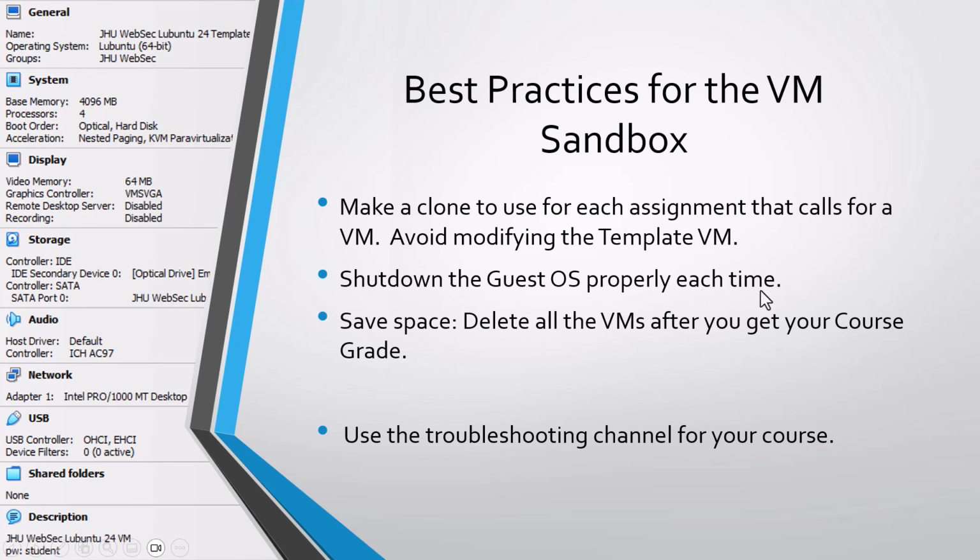I noticed that it's easy just to click on the X, but Linux sometimes gets a little finicky about open files and buffers that are left there. Also, saving space. The idea here is to delete all the virtual machines after you get your grade. Okay, hang on to them in case there's a challenge or a question. So that way you can revert back to it and we can do that.